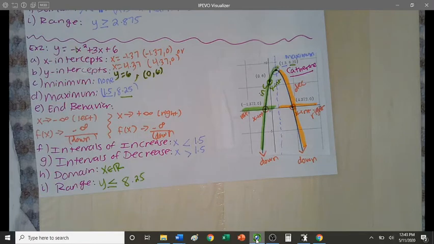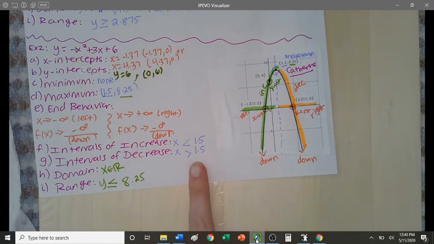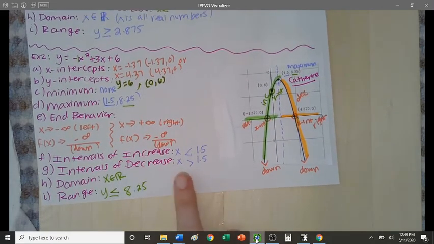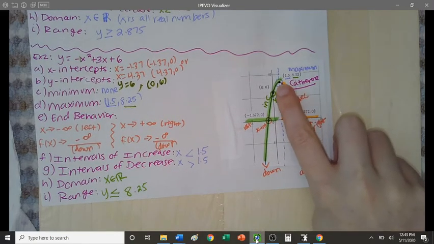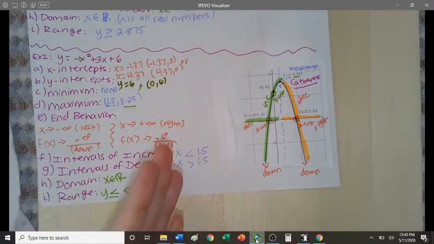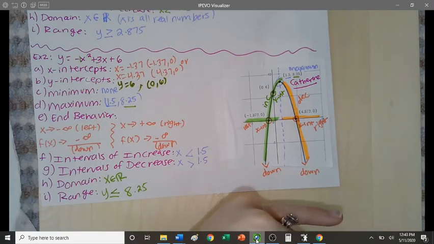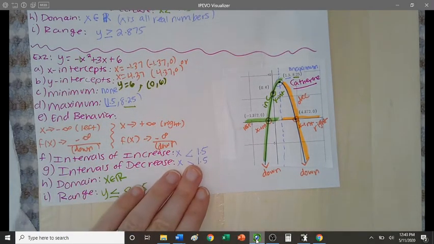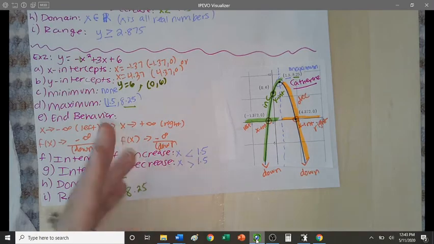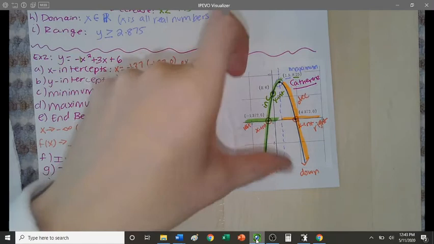And I just wanted to say one more comment. The reason why your intervals of increase or decrease are not equal to, I forgot to explain in example 1. The reason is because at your maximum or minimum point, the graph is in between. It's changing from an increase to a decrease. So it can't really equal a maximum or minimum point for an increase or decrease, because that is the point where it's changing between the two.